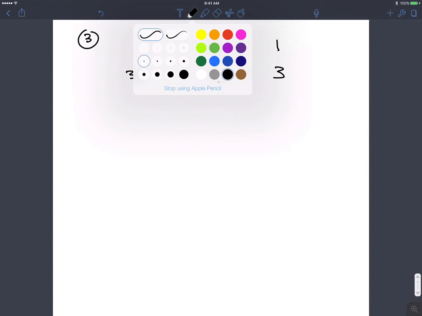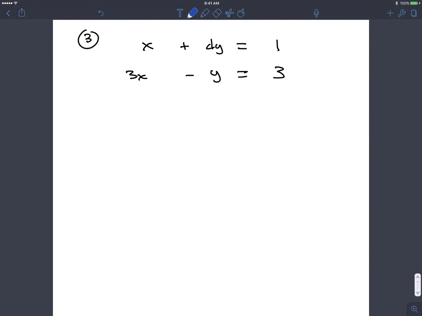Let's use these methods to do now number 3. Number 3, we have the system x plus 4y equals 1. And we have 3x minus y equals 3. We're going to create the augmented matrix. Remember, coefficient here is 1.